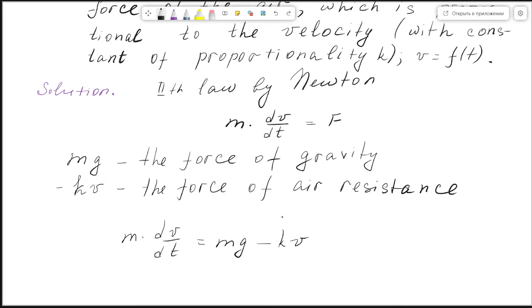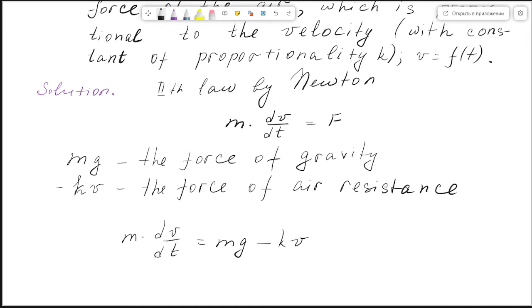This relation connects the unknown function v and its derivative dv over dt, which is a differential equation in the unknown function v.